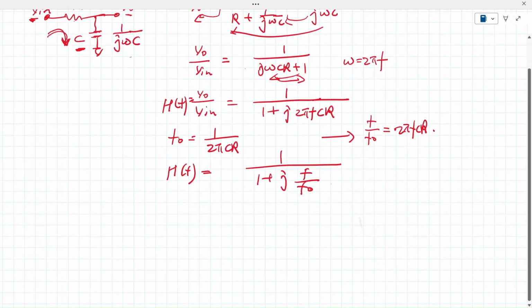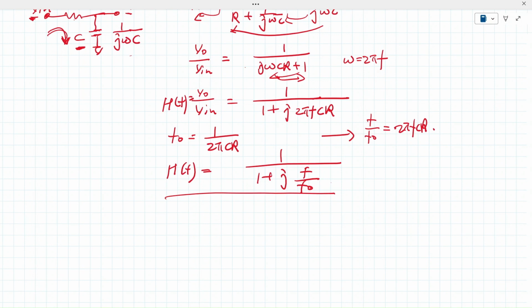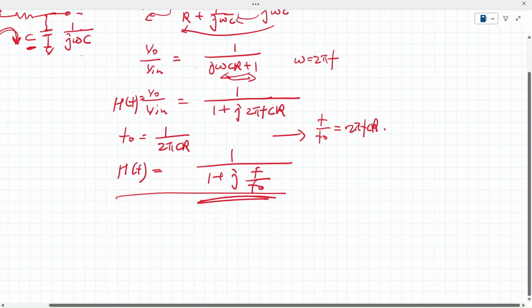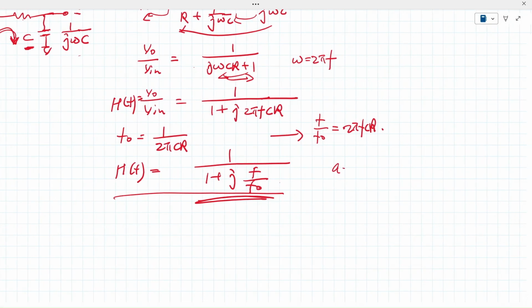Now let's deep dive into this transfer function. Before we do that, let me remind you something about complex numbers, because this is a complex number. A complex number has the format a plus bj. In the coordinates, you have a vector with projection a on the x-axis and projection b on the y-axis.